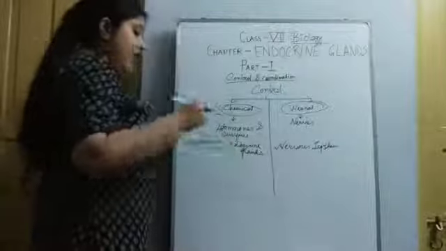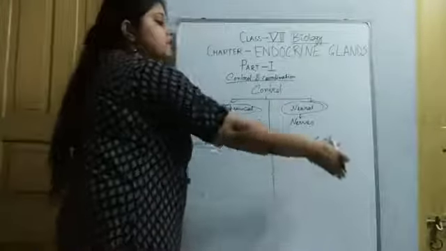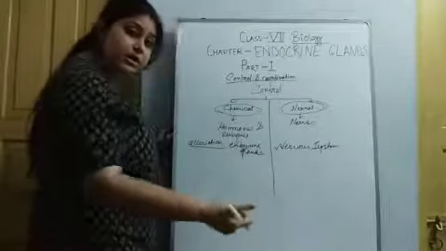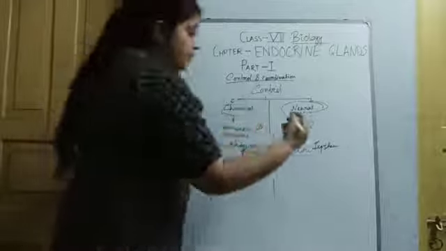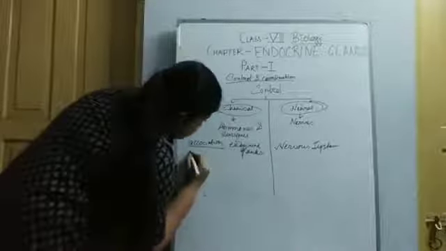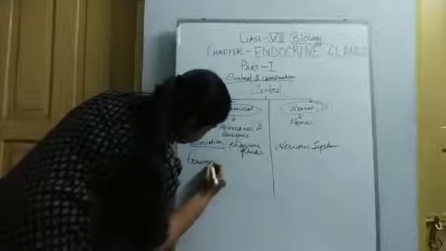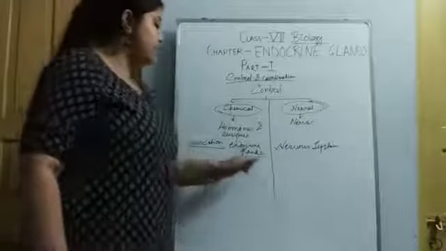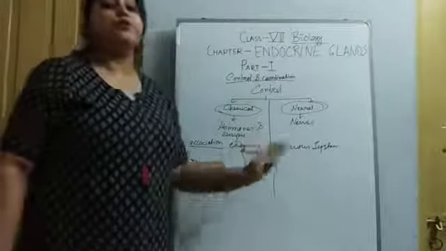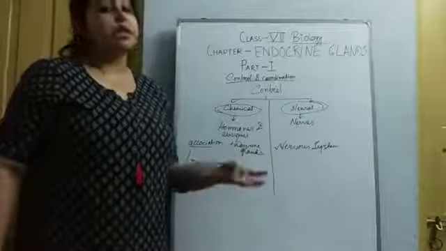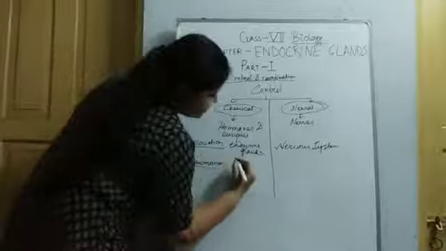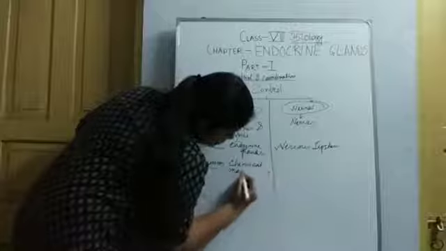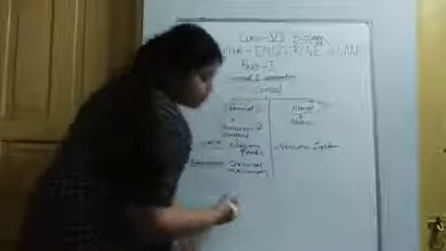Secondly, as the nervous system controls the neural control, it produces nerve impulses to transmit the messages. So the second difference is the transmission. The transmission in chemical control is mainly done by the endocrine glands, which produce hormones. A hormone is nothing but a chemical messenger. So the transmission is done by the chemical messenger through the blood.